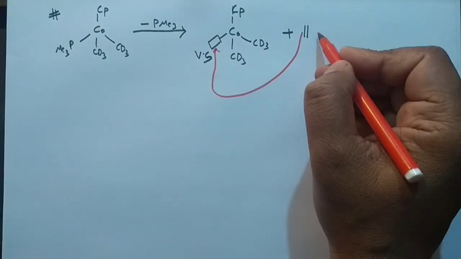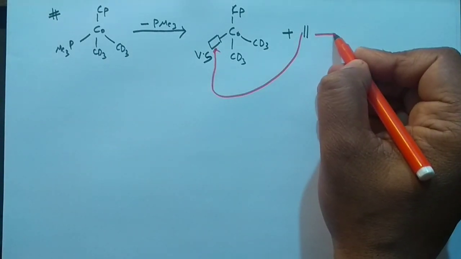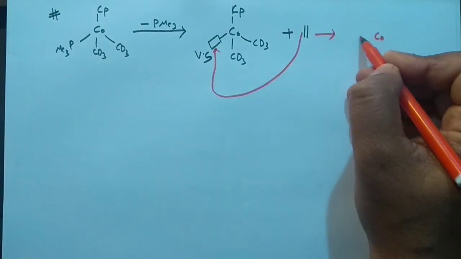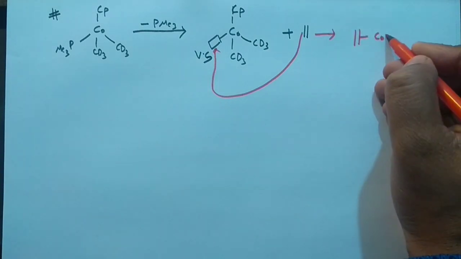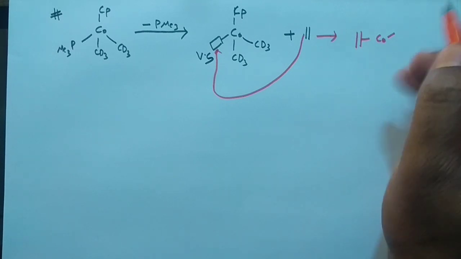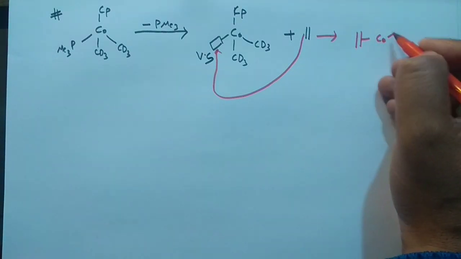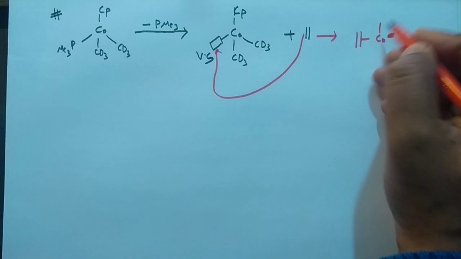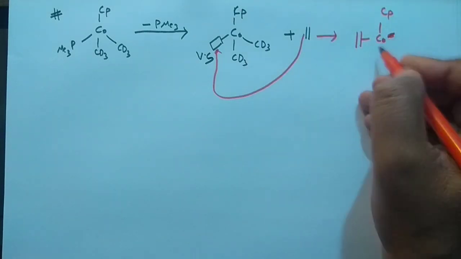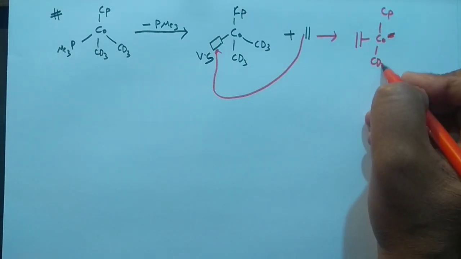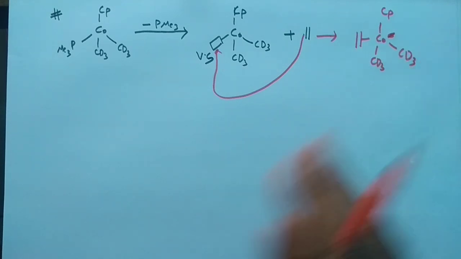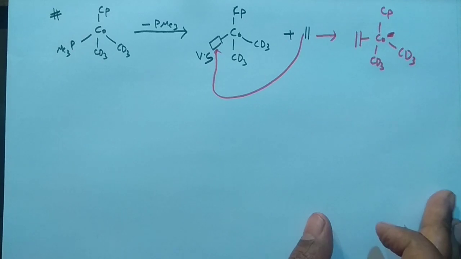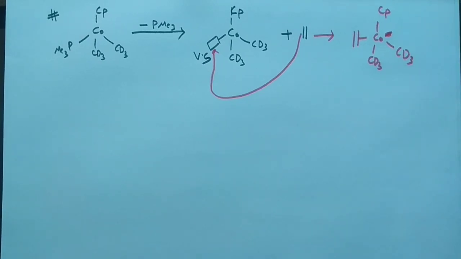Okay, and when it occupies this vacant site, what will you have? Cobalt, this alkene. Sorry, not this one. This is Cp, and this is your CD3, this is your another CD3. Okay, say you have this one, and after that you can see in this particular reaction, it's a multi-step reaction.